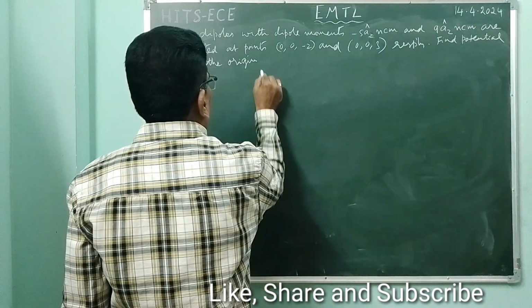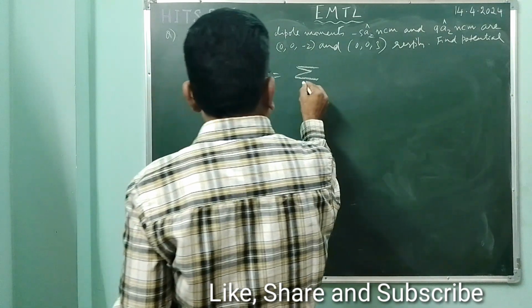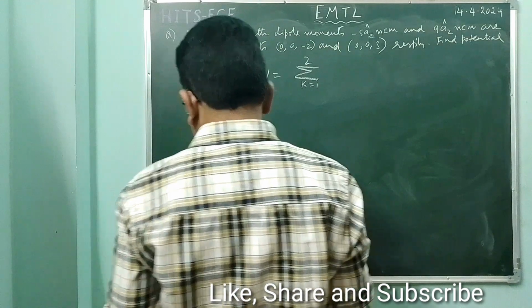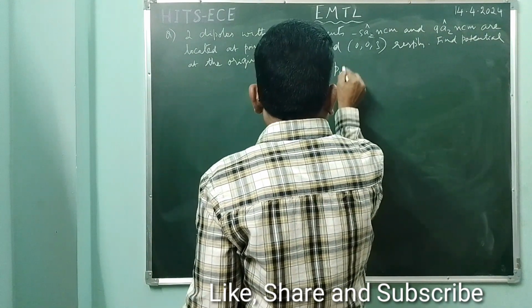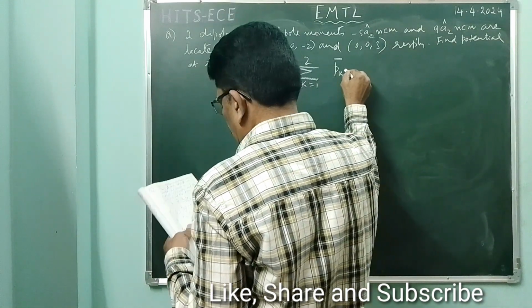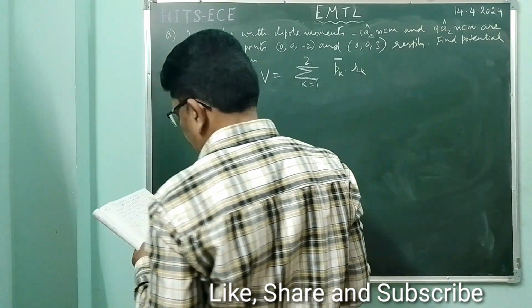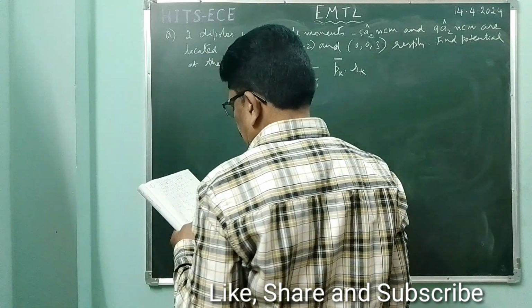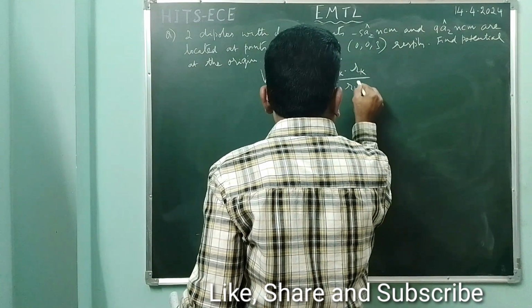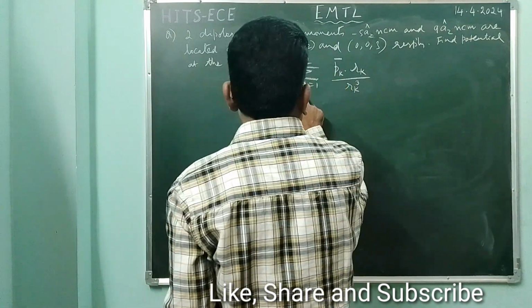So we know that V is equal to sigma k is equal to 1 to N. Here two dipoles, so k is equal to 1 to 2, Pk dot Rk by Rk cube. This is small k.